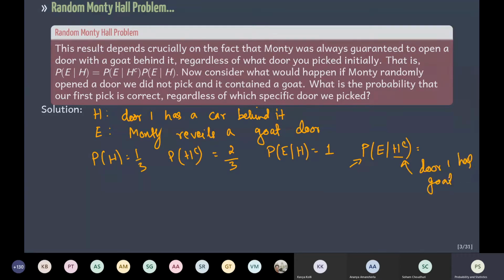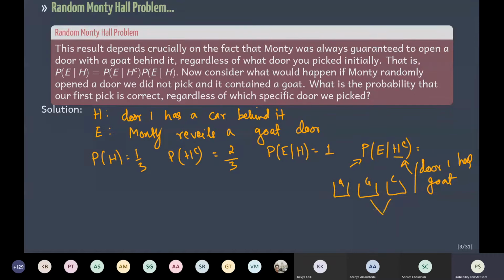So door 1 has a goat, this is given to you. Then what is the probability that Monty reveals a goat door? Now how many doors are left? Door 1 has a goat, that is given, so what we are left with is a goat or a car.